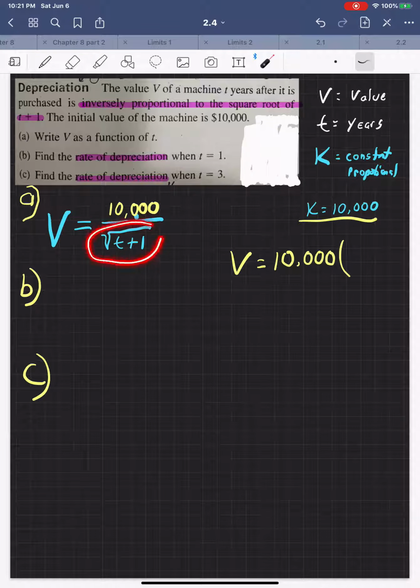I'm going to get rid of the radical, square root of t plus 1, and write that as t plus 1 to the half. But at the same time, I'm going to bring all of this up to the numerator. It was t plus 1 to the half, but it's going to turn into the negative 1/2 when I bring it up. This whole thing is brought up here, and I change the exponent from positive 1/2 to negative 1/2.